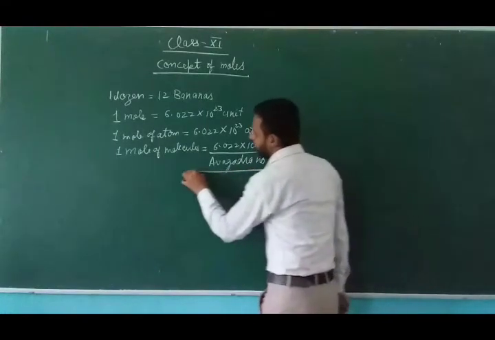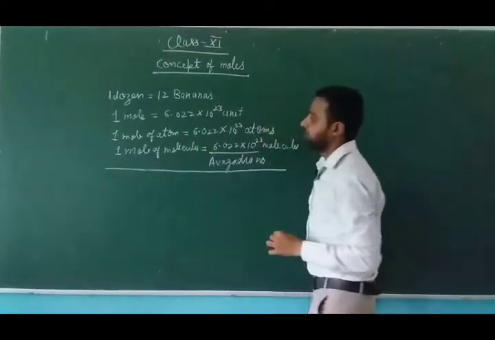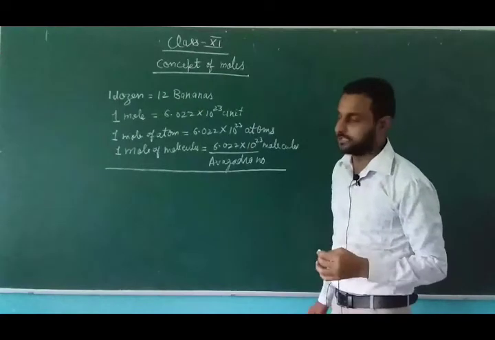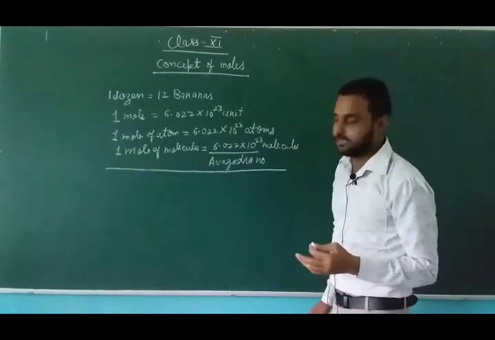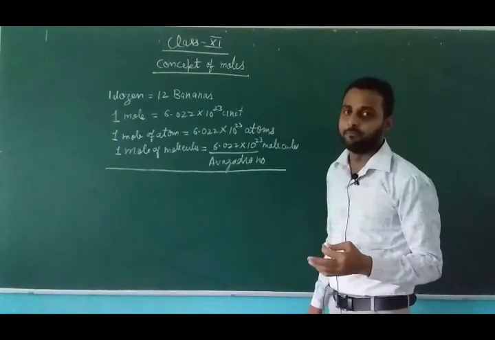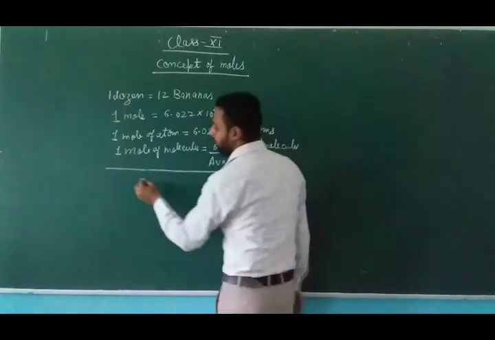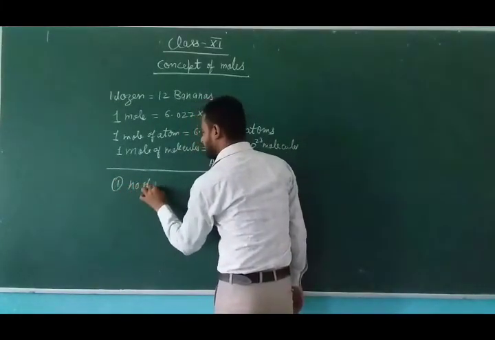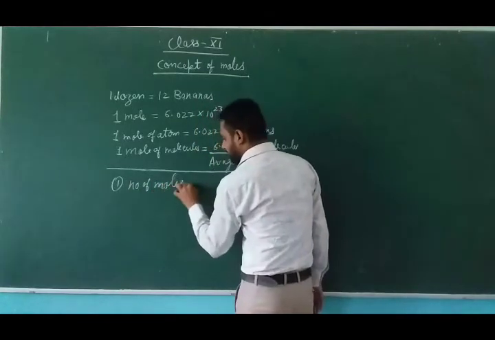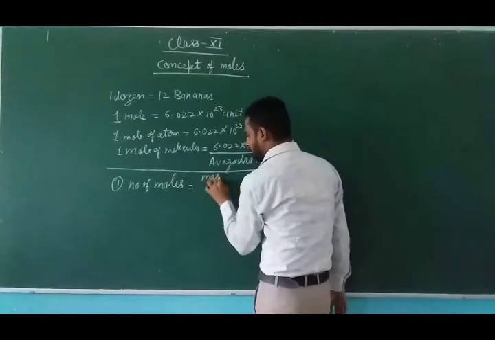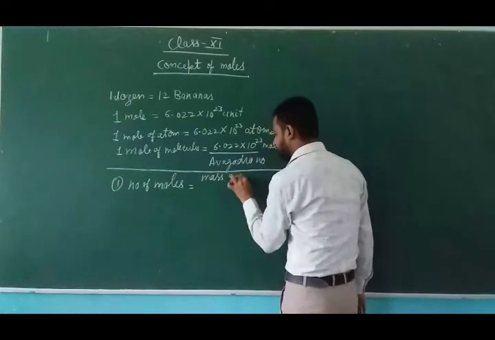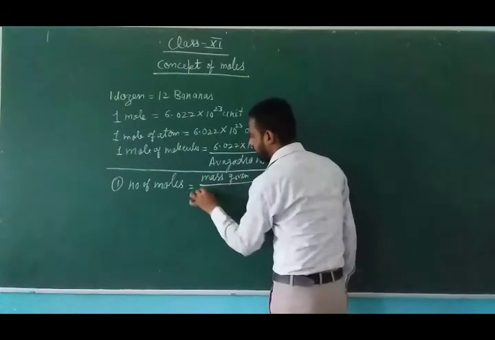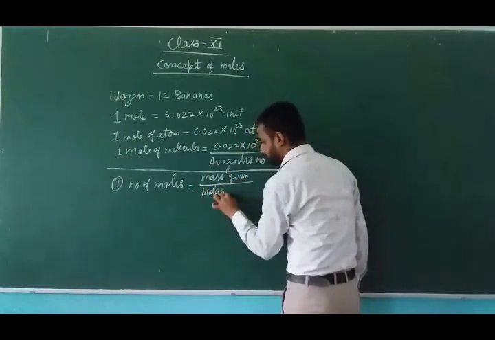So by this notation we can find out the number of moles. I am going to write 3 formulas for finding the number of moles, and these are as follows. Number 1, number of moles is equal to mass given upon molar mass.